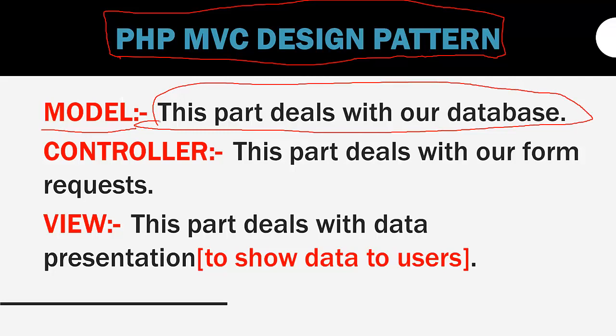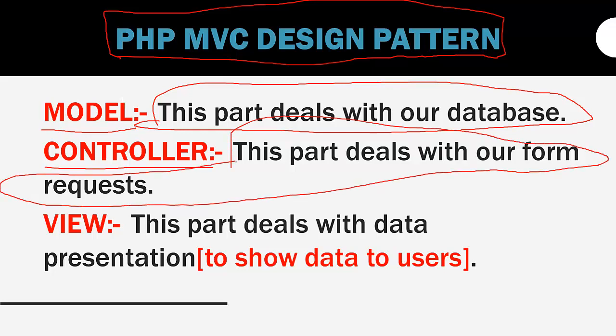So what is the controller? This part only deals with our form requests. The logic is in our controller here, and the data about our database and whole table is in our model.